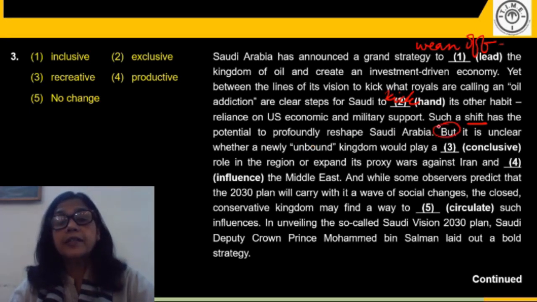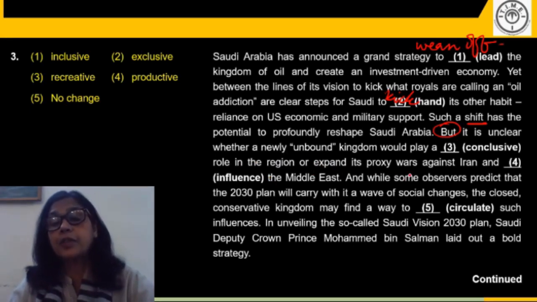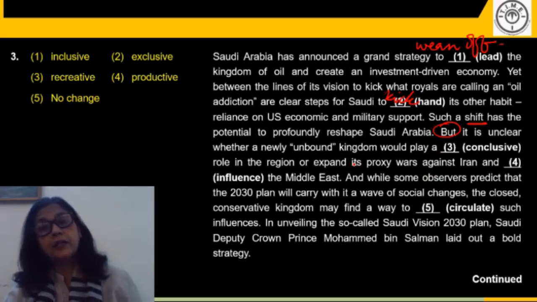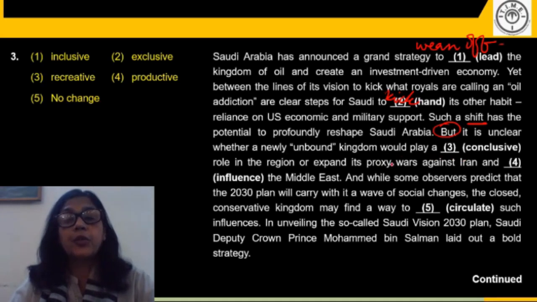But, again a turn over here, it is unclear whether a newly unbound kingdom would play a dash role in the region or expand its proxy wars against Iran. So it is unclear whether the new Saudi Arabia would play a dash role in the region.